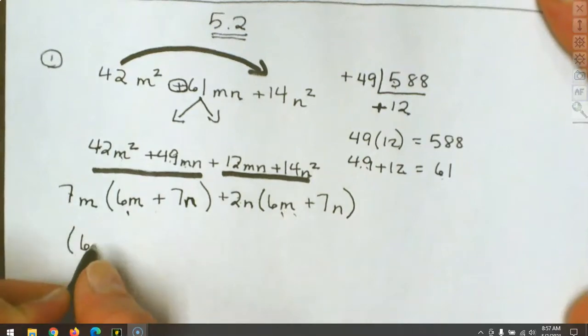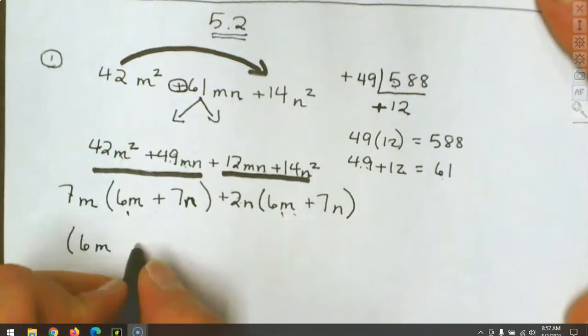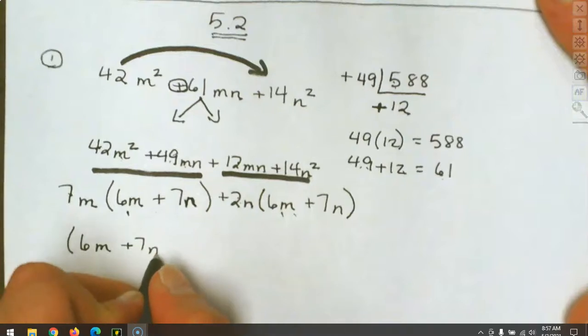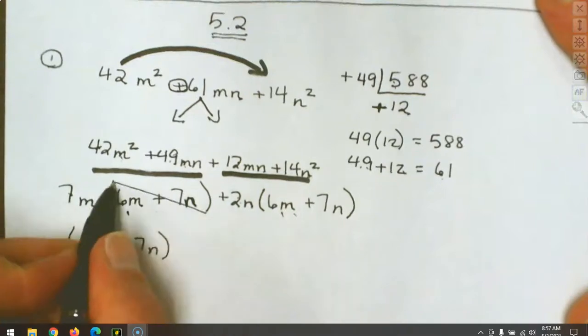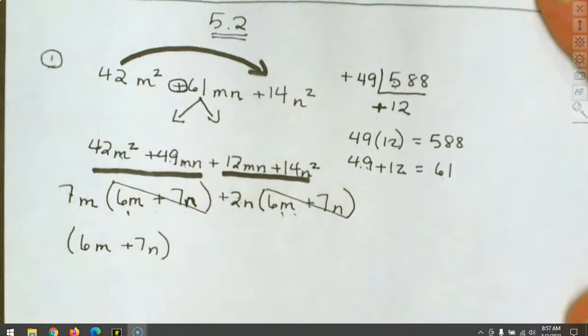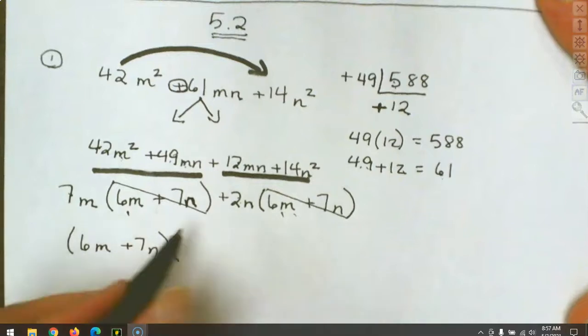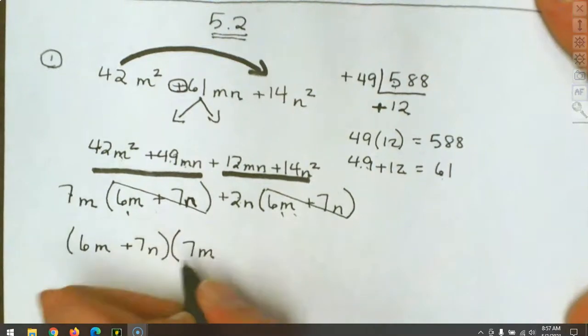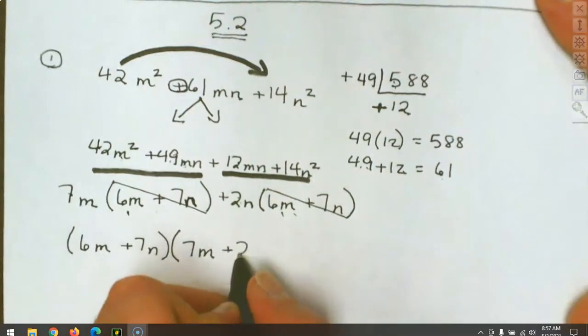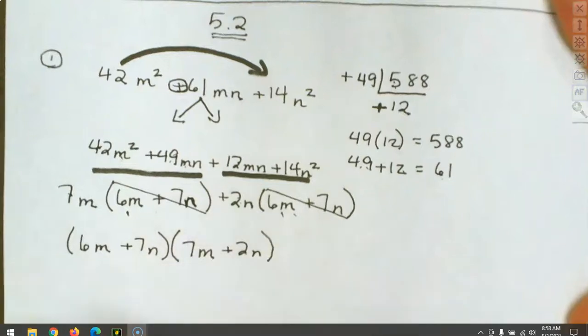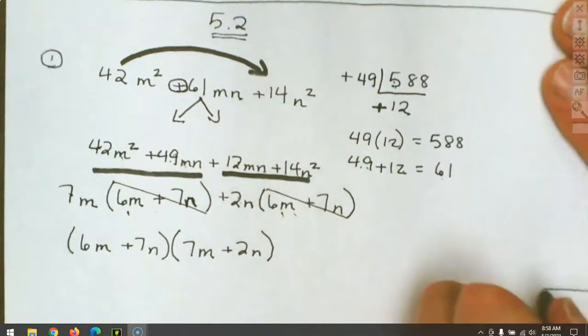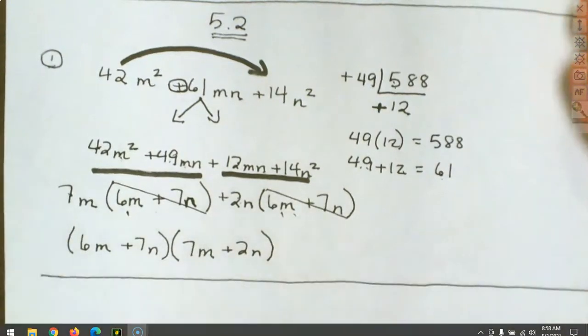So we write out our parentheses, so 6m plus 7n, gone and gone. And what's left over? 7m plus 2n. And that's as far as we can go.